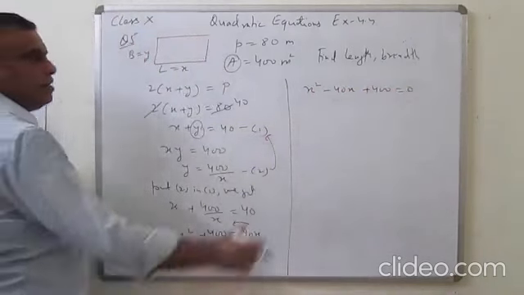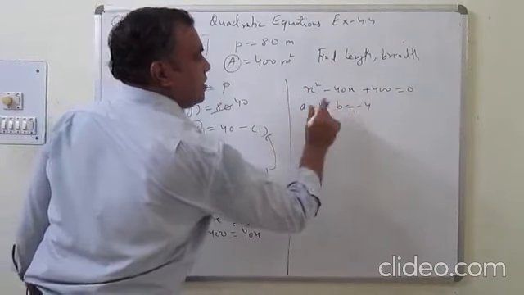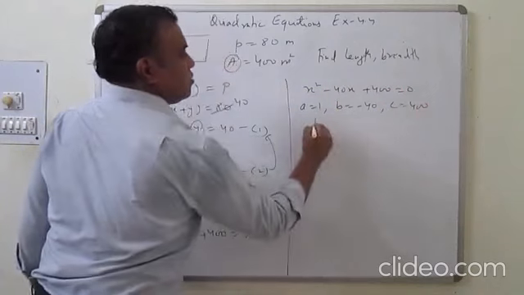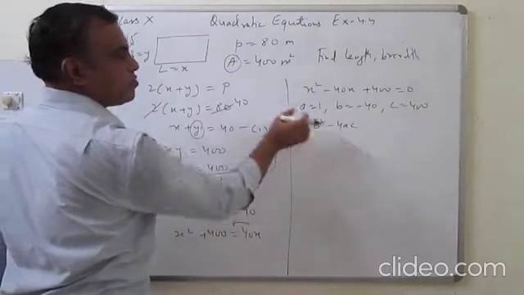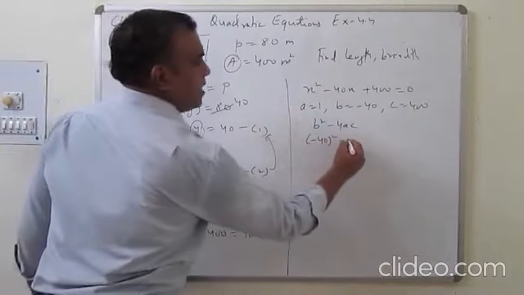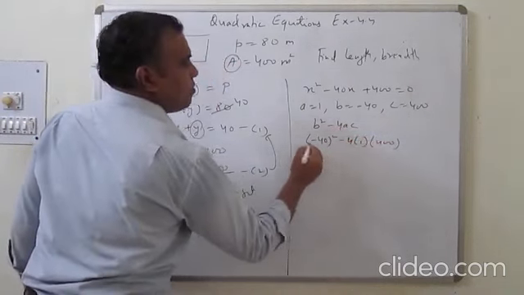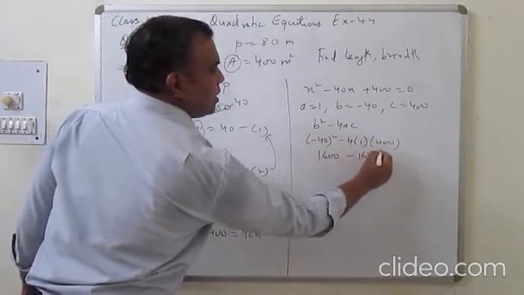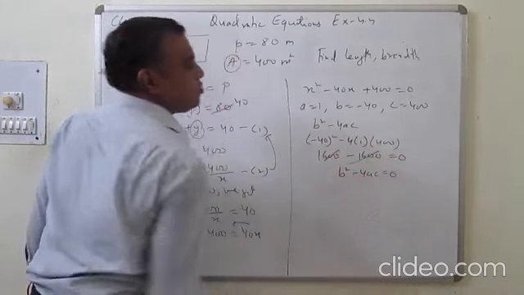Now check the nature of roots. So a is 1, b is minus 40 and c is 400. Find the value of b square minus 4ac. (Minus 40) whole square minus 4 times 1 times 400: 1600 minus 4 into 400, 1600. This will cancel out to 0. It means b square minus 4ac is equal to 0.